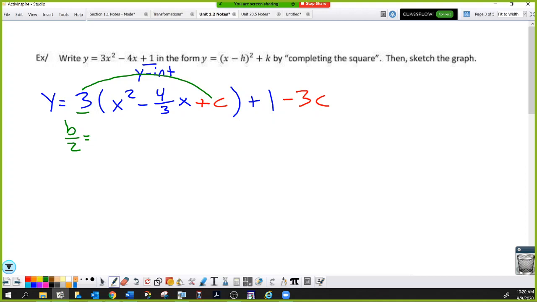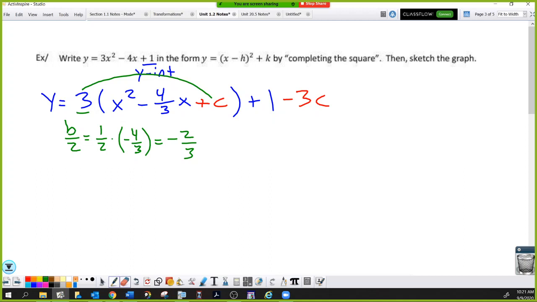Either way, it doesn't matter. I'm going to do it like this: 1/2 times the -4/3. When you reduce your fraction, you will get -2/3. That's from reducing the fraction, because it would have been -4/6, which would have reduced to -2/3.